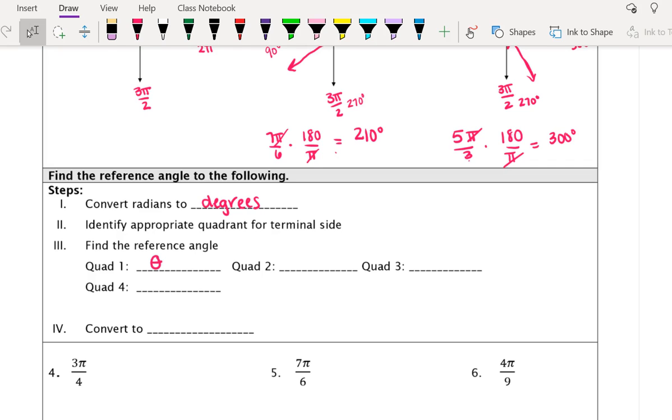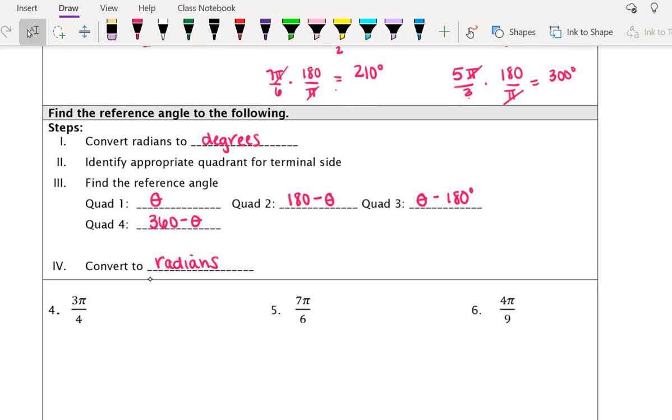If we're in quadrant 2, we take 180 degrees minus theta. If I'm in quadrant 3, we take theta minus 180 degrees. And if I'm in quadrant 4, I'm going to take 360 degrees minus theta. And then I'm going to convert back to radians. Okay, it's not the best way, but it's better than maybe subtracting with fractions.